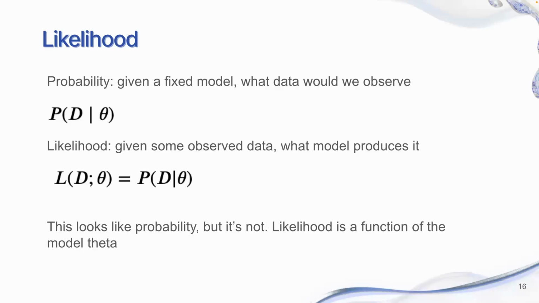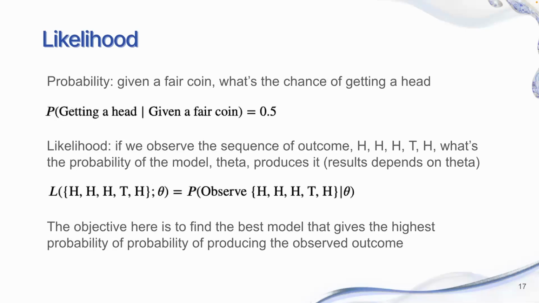So for probability, given a model theta that is fixed, how likely would it produce that kind of data, basically? Does that make sense? I have an example in the next slide.